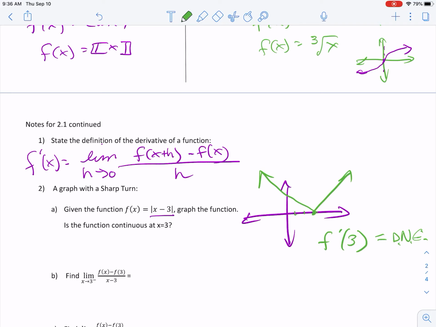And the reason being, in order for it to be differentiable, the limit as x approaches c from the right has to equal the limit as x approaches c from the left.